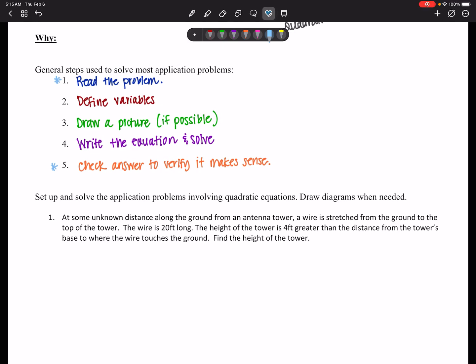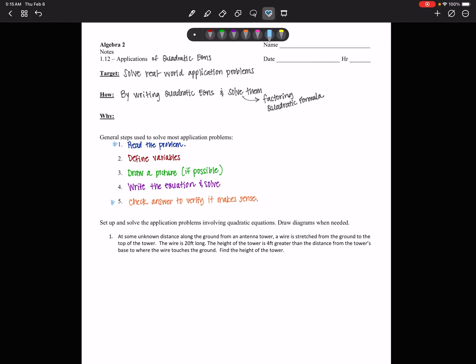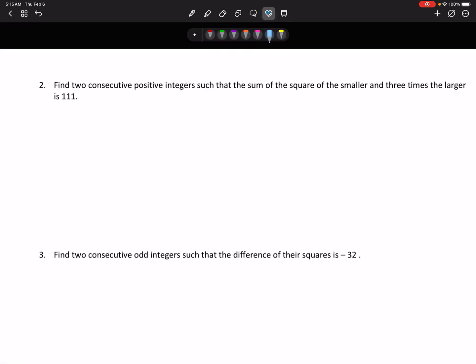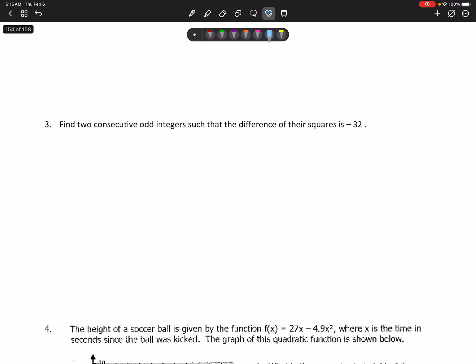In this first video, we are going to solve quadratic equations that involve the Pythagorean theorem. So the first couple of equations that we are going to write will involve the Pythagorean theorem. And then the next set of problems will be finding consecutive integers, whether those are positive integers, odd integers, or even integers.